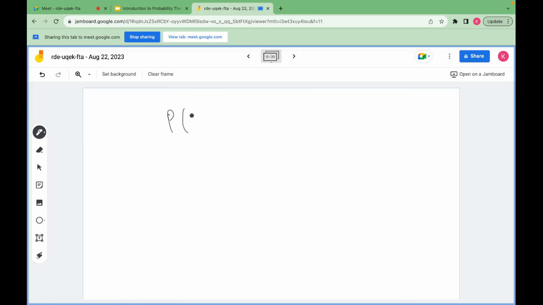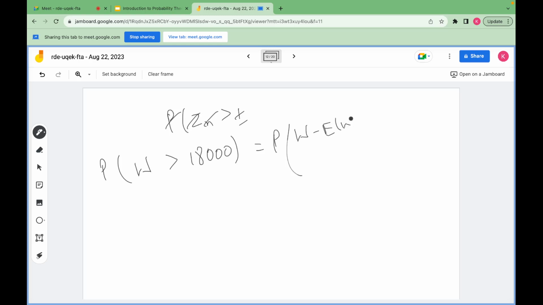So the probability that Zn is greater than some quantity, and we need to find the probability that W is greater than 18,000. So we can make some changes on both sides. So this will be EW upon sigma.